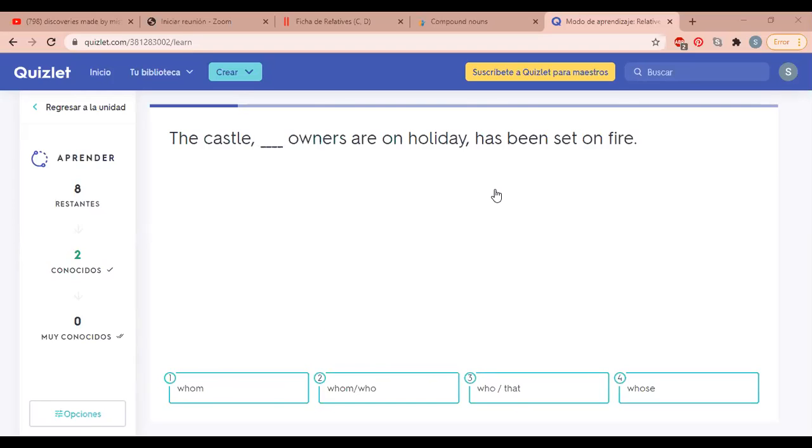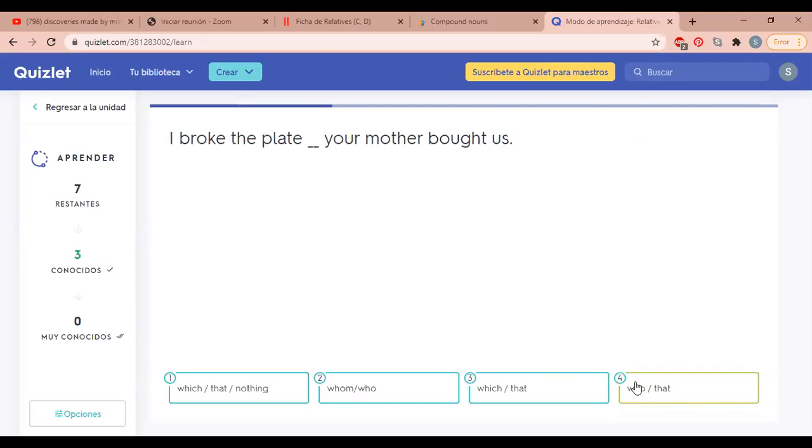I don't know, maybe 4? Whose? Okay, let's try whose. That's right. The castle whose owners. Sí, el castillo de quien sus dueños, ¿no es cierto?, estaban de vacaciones, fue incendiado. ¿Sí? Se prendió fuego. Very good.